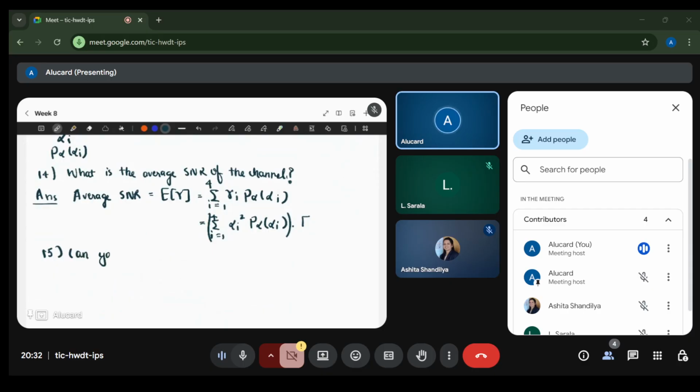Then, can you find an upper bound on the channel capacity using Jensen's inequality?